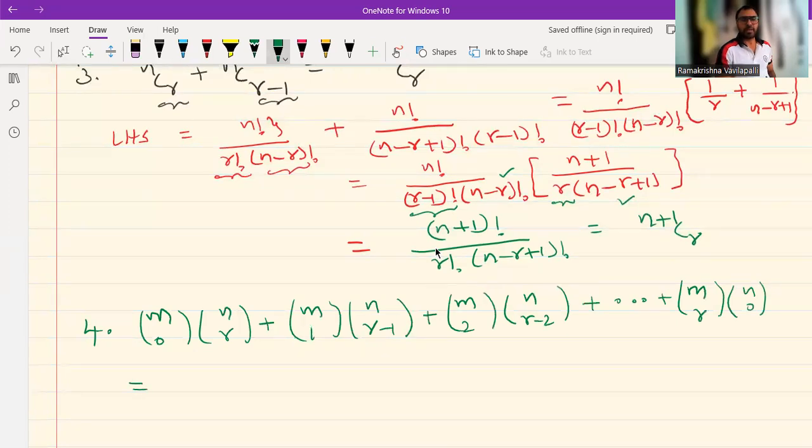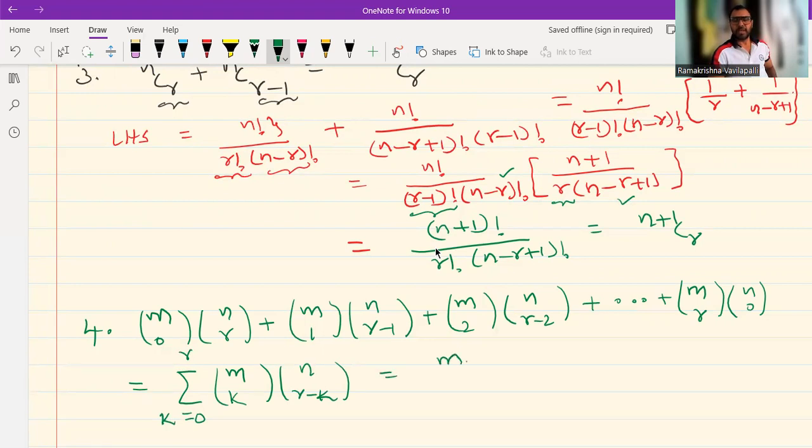In terms of sigma, we can write this as the sum of mCk into nC(r minus k), where k is running from 0 to r. This is equal to (m plus n) C r.